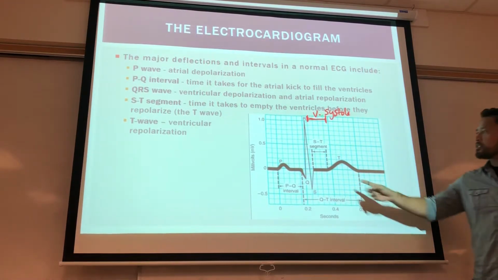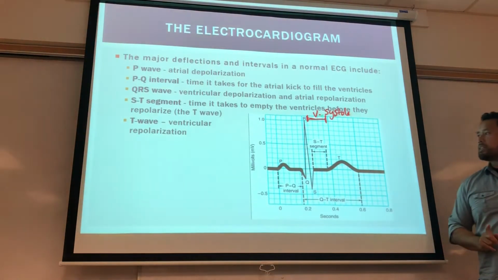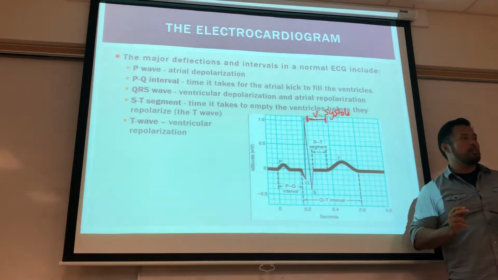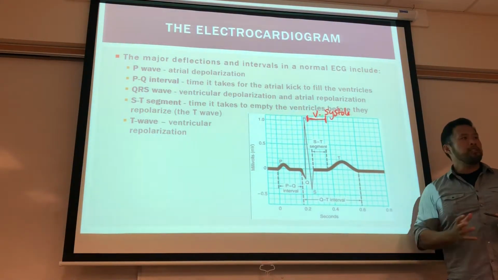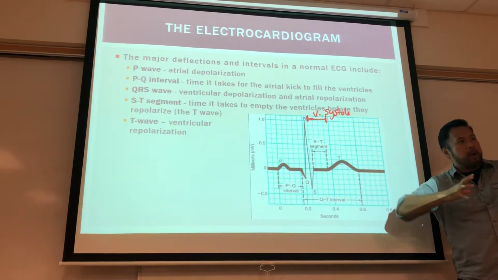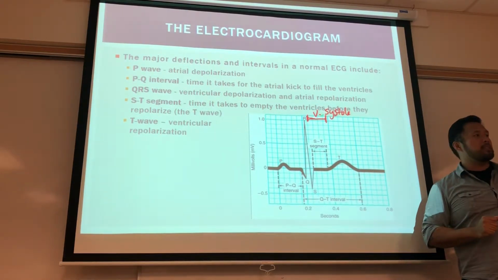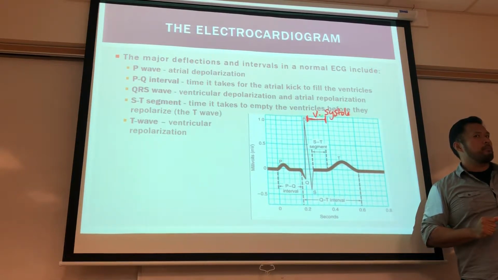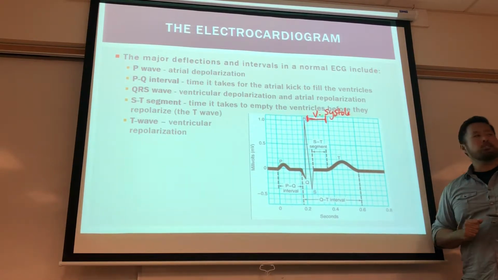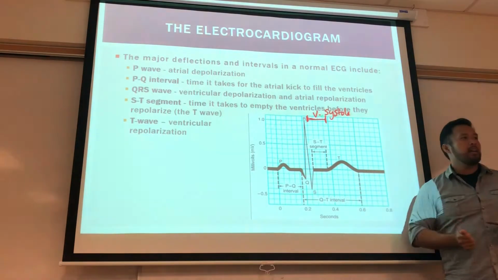An ST segment is extremely important because what happens if you see somebody's ECG and the ST segment is short? That means that the ventricle did not have enough time to empty out completely before ventricular repolarization takes place. Hence why the ST segment is extremely important and something that they want to look at in an ECG.